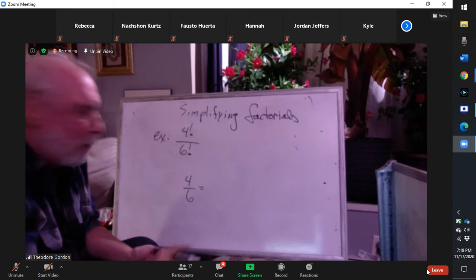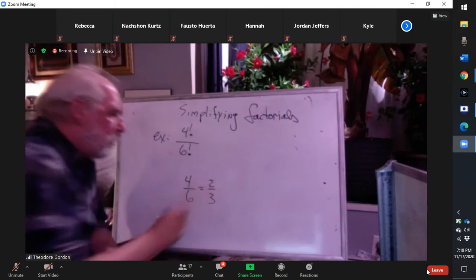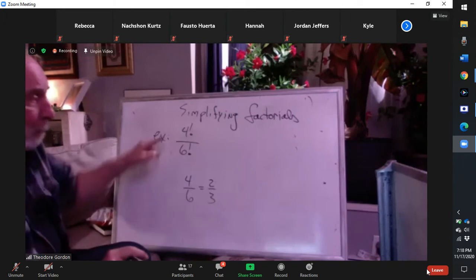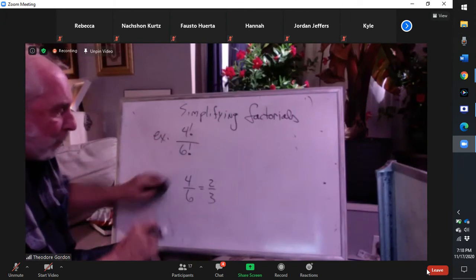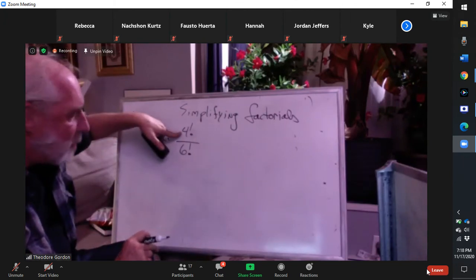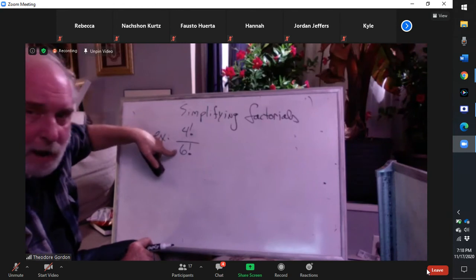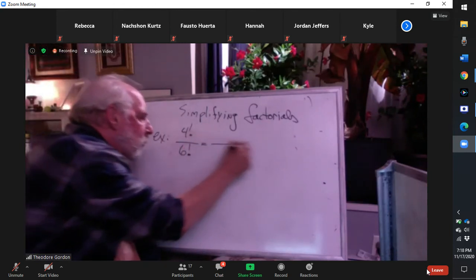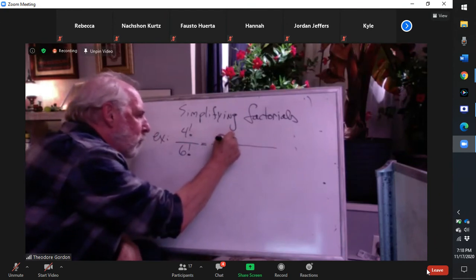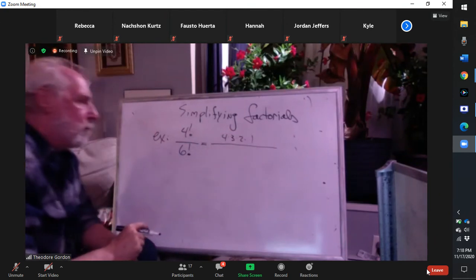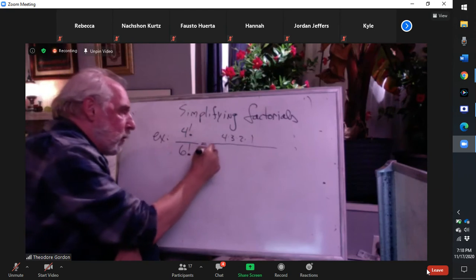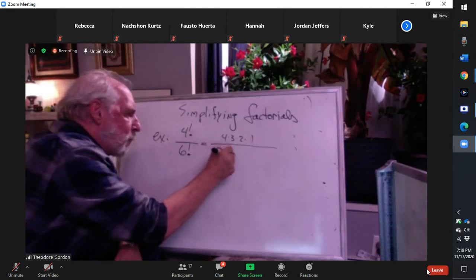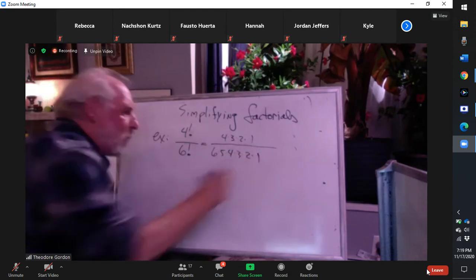Over 3. It just factor, right? That's just 2/3. But this doesn't work the same way because that's not a 4 and that's not a 6. This is 4 factorial. 4 factorial is 4 times 3 times 2 times 1. 6 factorial is 6 times 5 times 4 times 3 times 2 times 1.